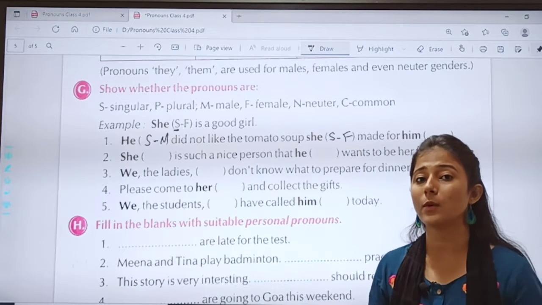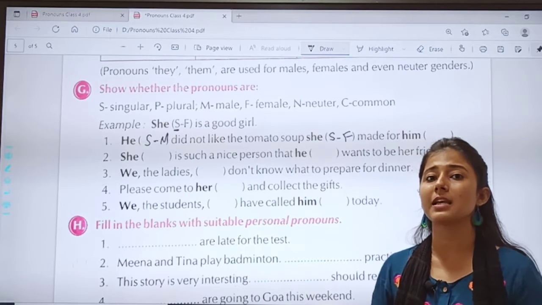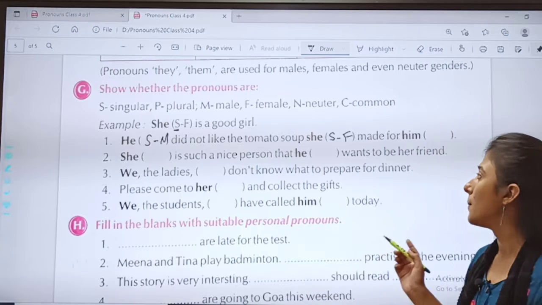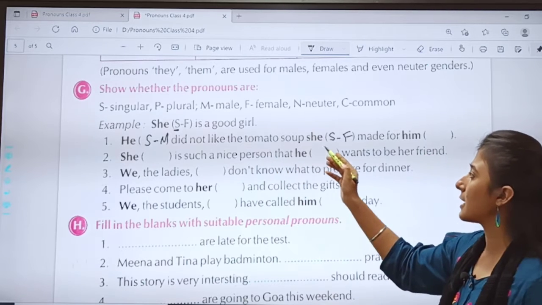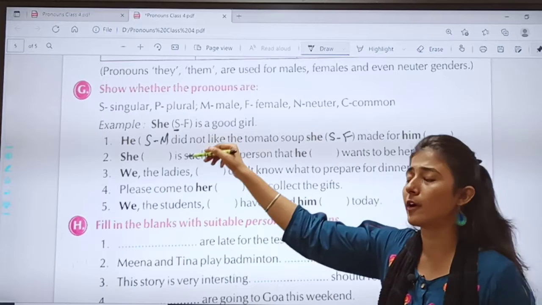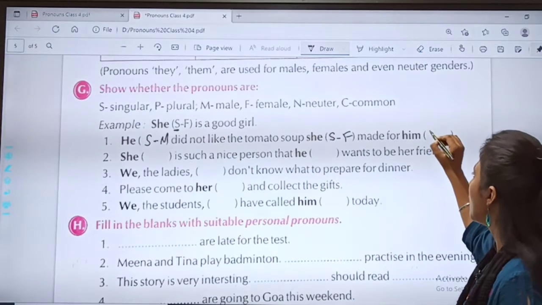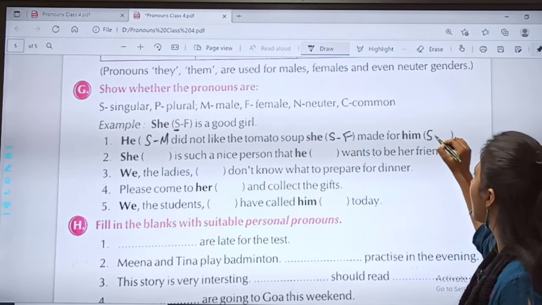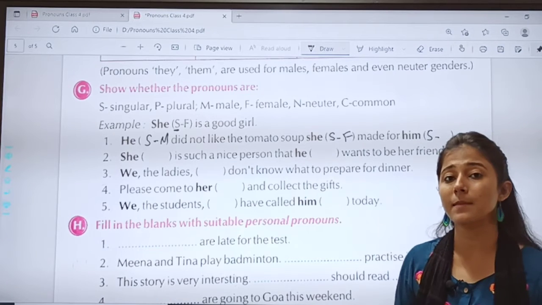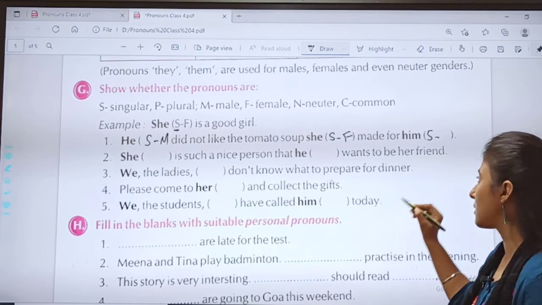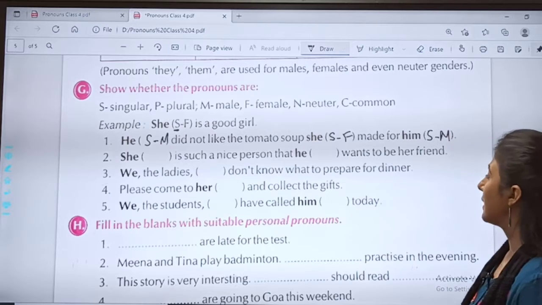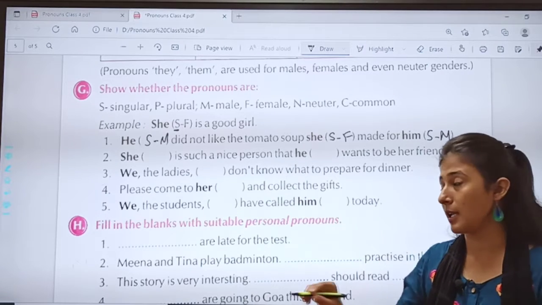If there are more than one, then we use words like us, them, right? But here, he did not like the tomato soup she made for him. Only one person. So singular, and him is used for masculine gender. So M. Okay. Like this we will solve the remaining.